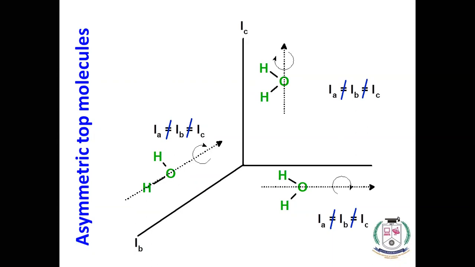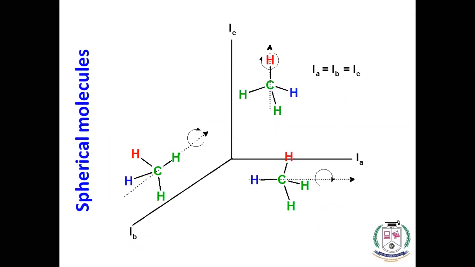This is the moment of inertia. We are seeing all three axes, and we are categorizing the molecules. The first category is linear molecules, and the second category is asymmetric top molecules. If Ia is not equal to Ib is not equal to Ic, that is an asymmetric top molecule. There is no symmetry in this.